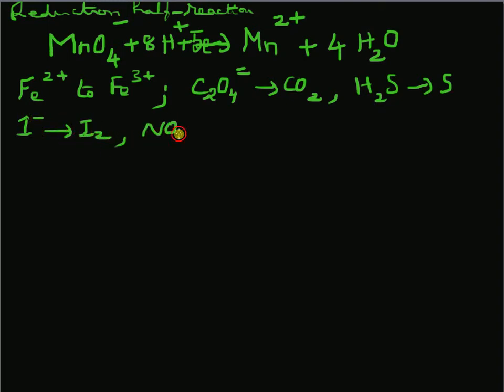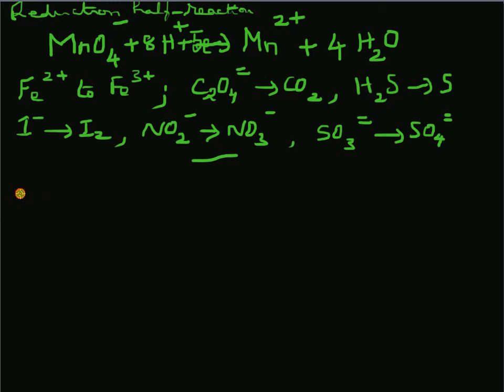Then NO2 minus, nitrite, to nitrate. Sulfite to sulfate. We can now write the oxidation half reaction for these reagents, and we will balance the number of electrons in both the equations, and add them up and get the overall equation.